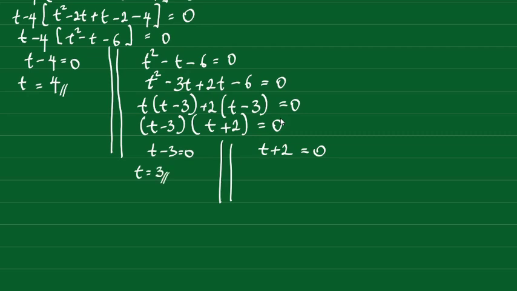At this other end, we have t plus 2 equal to 0. This is the same thing as t equal to, plus 2 moves to the other side of the equal sign, we end up having minus 2. Therefore, the values of t are equal to 4, 3, minus 2.